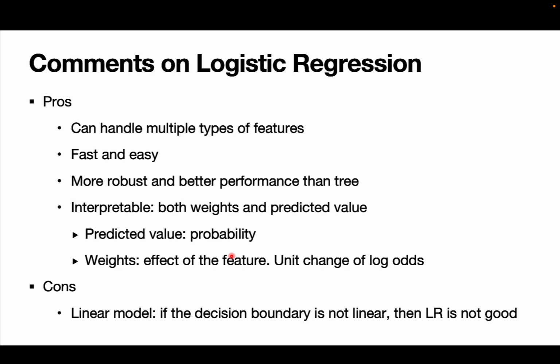Also, the weights can be helpful to make a statement about the effectiveness of each feature. However, the disadvantage of logistic regression is that it doesn't work well when the boundary is not linear. So it's great as long as the boundary is linear and the data is separable.